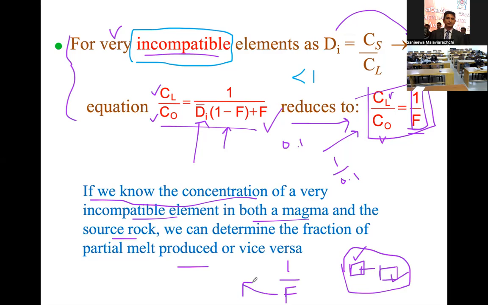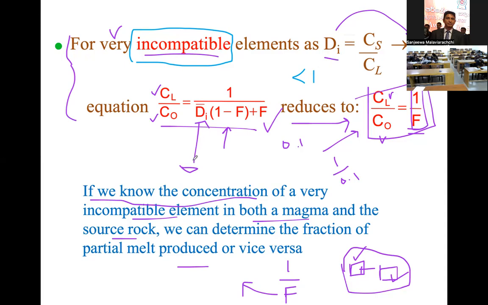We never know at what degree of melting a given rock was produced, and sometimes it is important to calculate it, to find out the degree of melting contributed to that particular rock formation. So we can apply it like that if we simplify all these terms, especially the partition coefficient value.